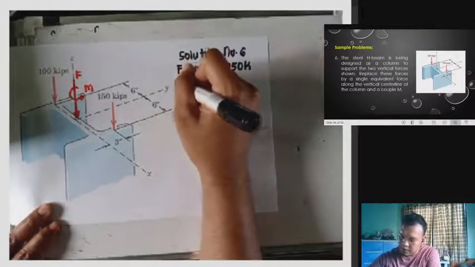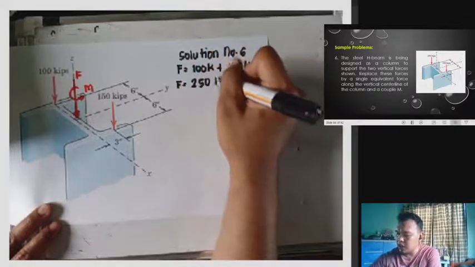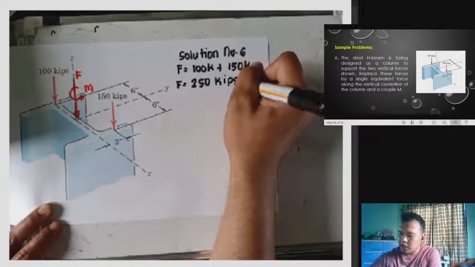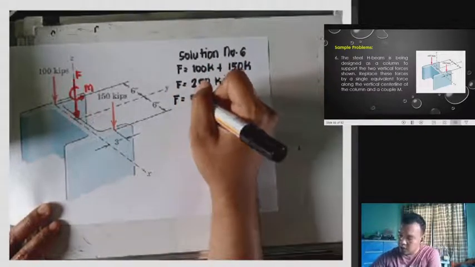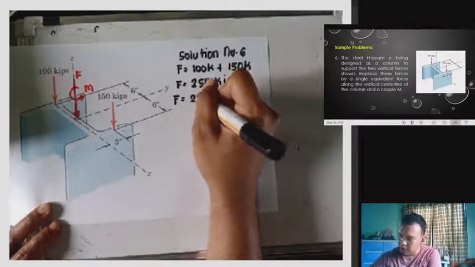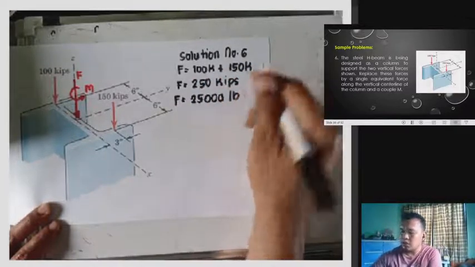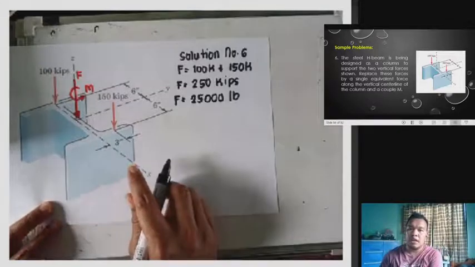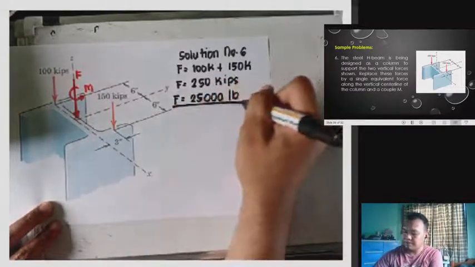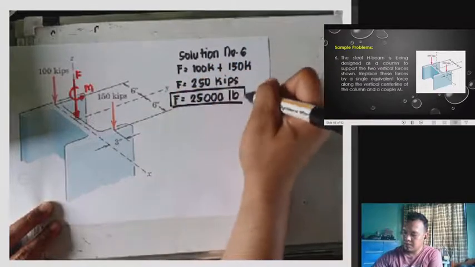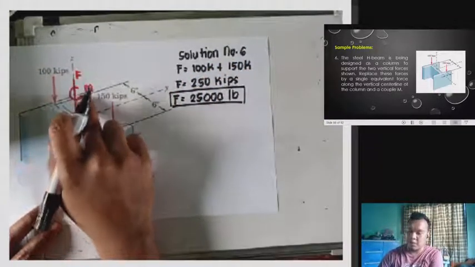Therefore, F is equivalent to 250 kips. This is the force. That is equivalent to 250,000 pounds, since 1 kip is equivalent to 1,000 pounds. So now we have the force here. Now let's find the moment.